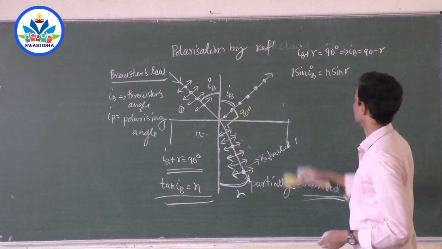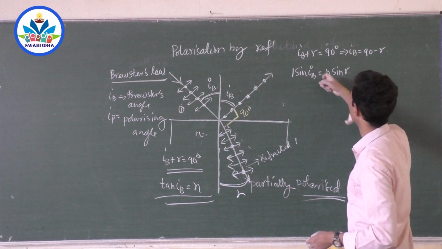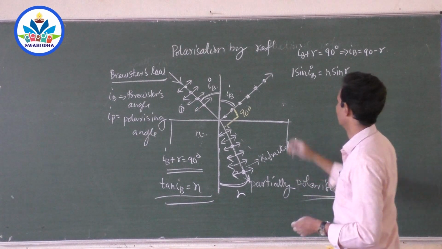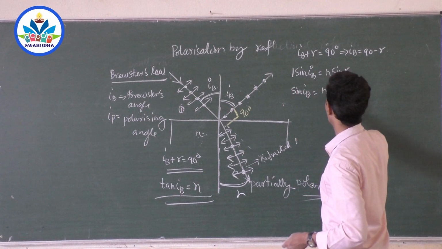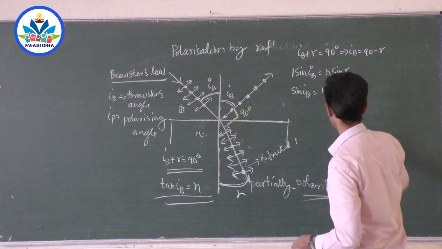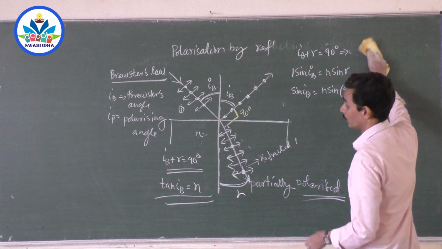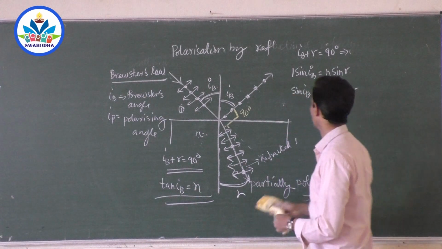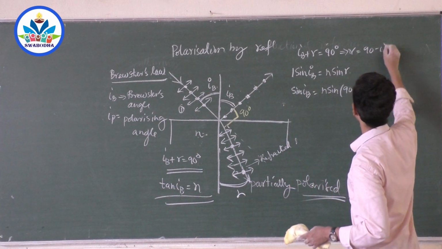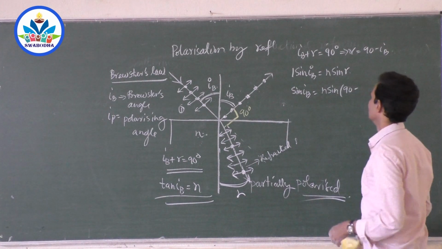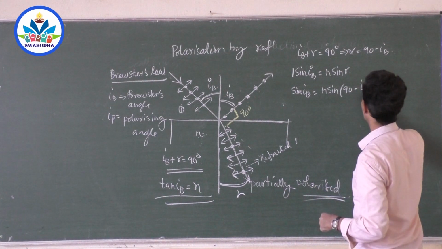Not R. So shall I substitute for R, 90 minus IB. Yeah, that is better. Sin IB is equal to N sin 90 minus IB, because I want to prove that tan IB is equal to N, polarizing angle. So R is equal to 90 minus IB.